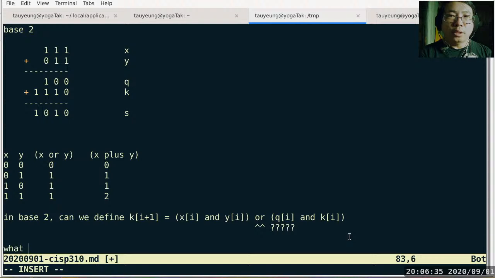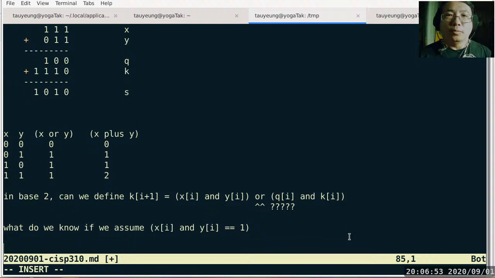So what do we know if we assume x_i and y_i is 1? Okay, and I am going to put parentheses around this, just so that we know what the assumption is. The assumption is, what do we know if we know that x_i and y_i has a result of 1?